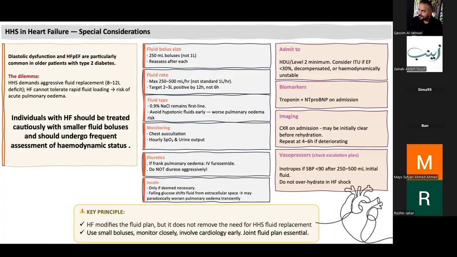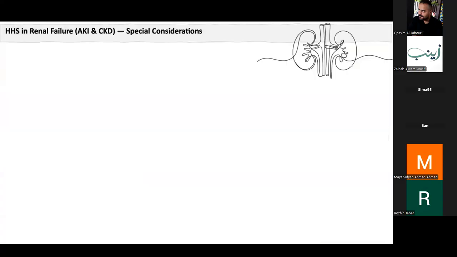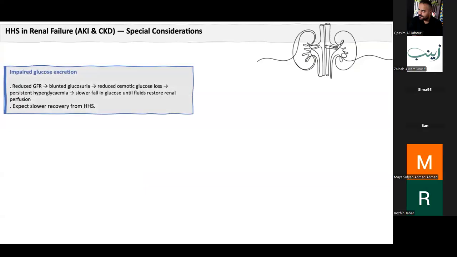Right. Okay, so we'll talk about the other special situation, which is the renal failure patients. Those renal patients have reduced renal ability to deal with the fluids and manage electrolytes as well as osmoles. So they have a blunted glucosuria, or blunted response to osmotic diuresis, as you see with normal kidneys, which means the glucose is not excreted in high volumes as in patients with normal kidneys.